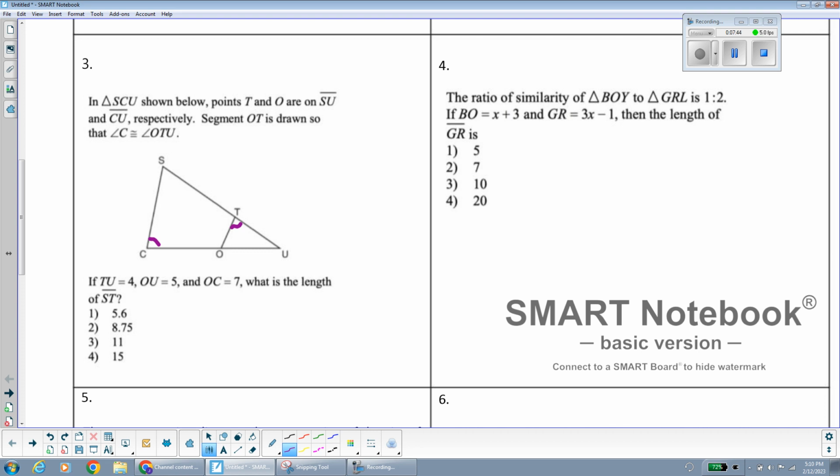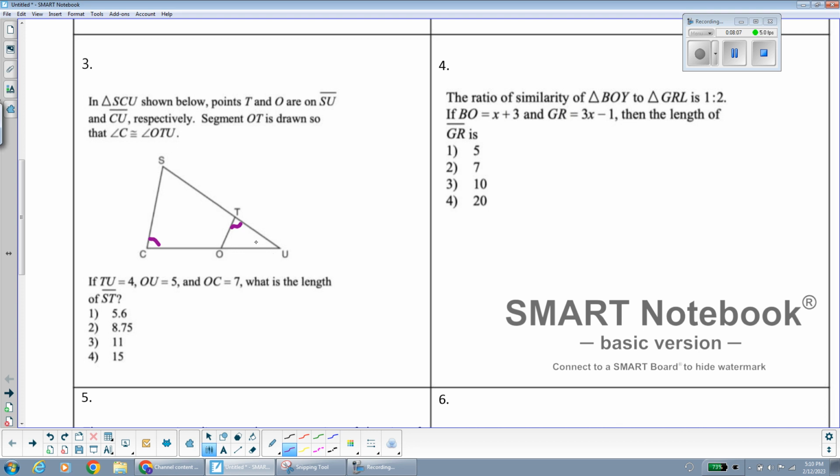I think we should redraw the triangles so that they are with their corresponding parts together, now that I know that these two angles correspond. So I'm just going to turn the small triangle upwards so that this angle is where this angle is in this triangle. Once they're oriented the same way, I'll be able to clearly see what the corresponding parts are.